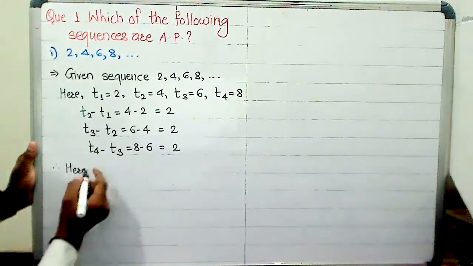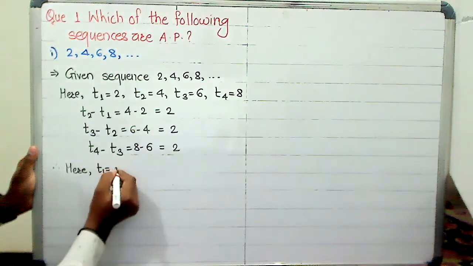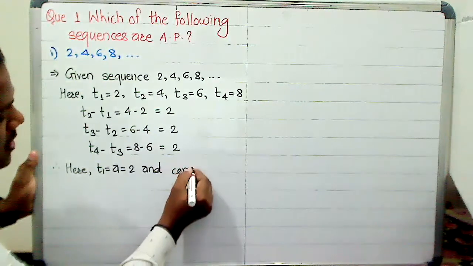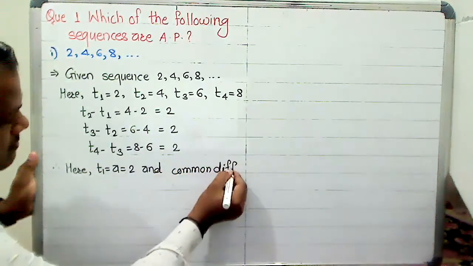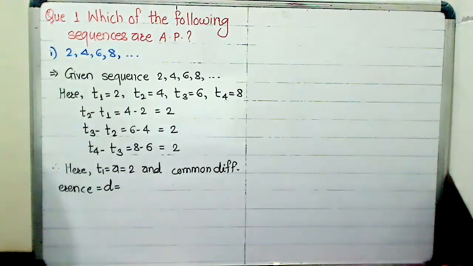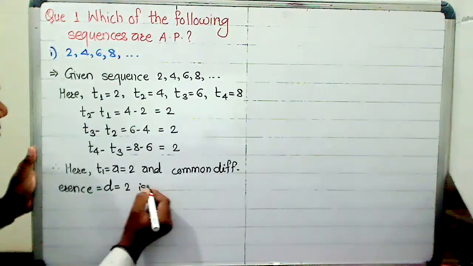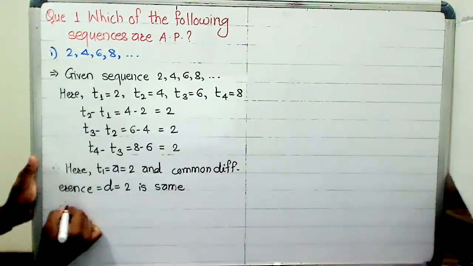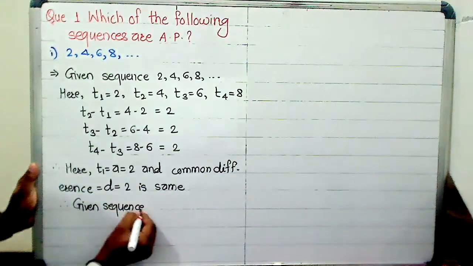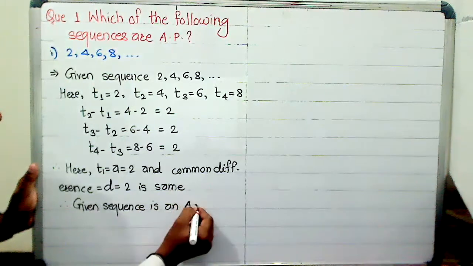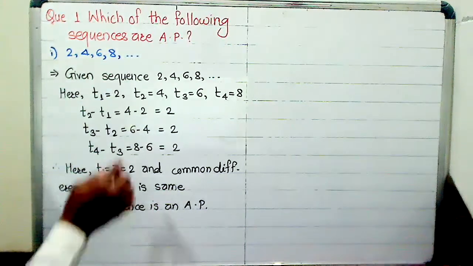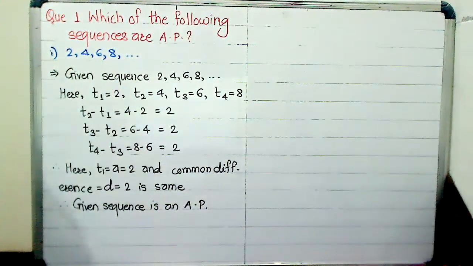In the given sequence, T1 is A, which is 2, and the common difference D is 2. So the given sequence is an AP, because the difference between any two consecutive numbers is the same.